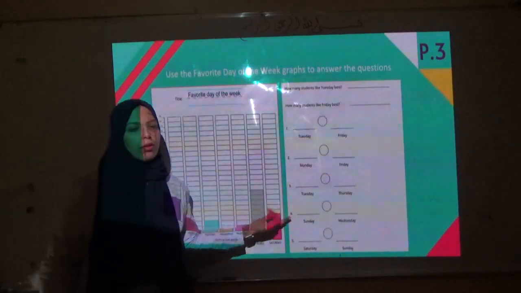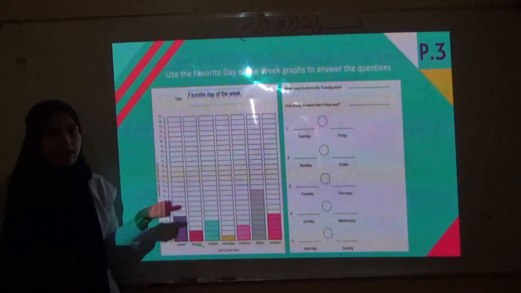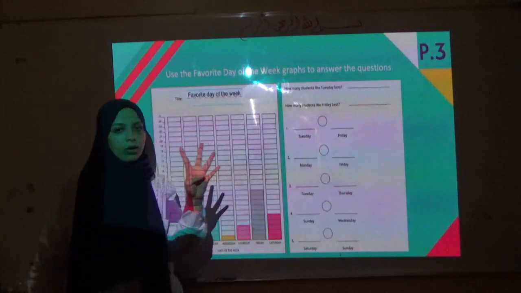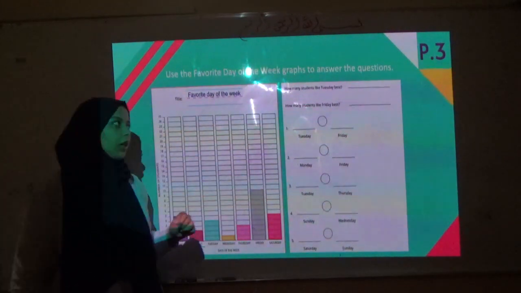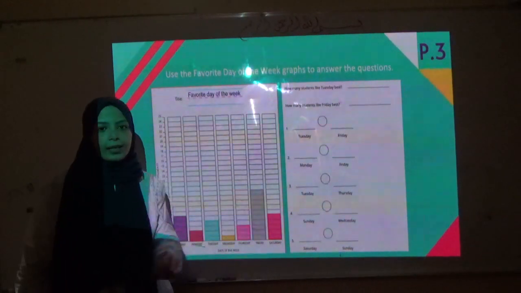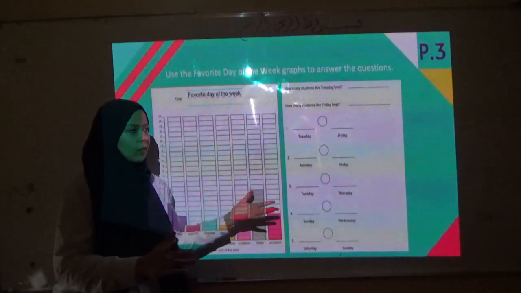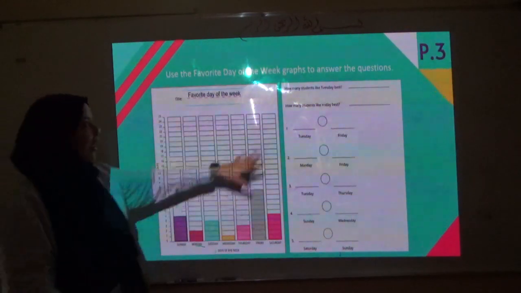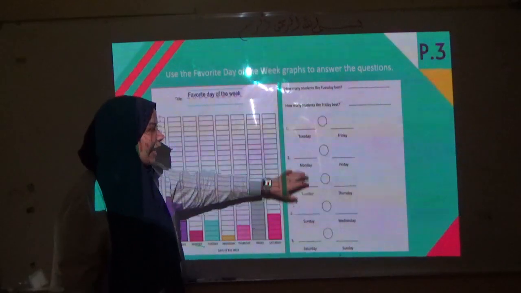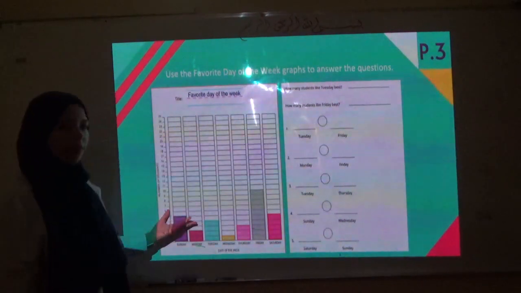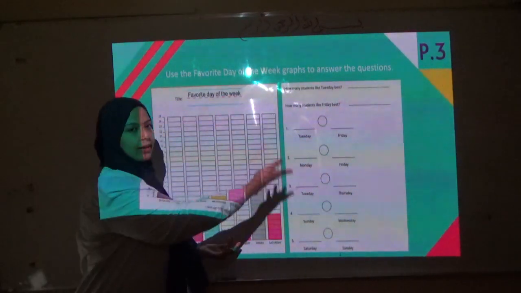This step, if you remember from our first and second video, represents the fourth step, which refers to interpreting data or the analysis of the data. So here I have questions asking about the information from the graph, and I have to answer them.